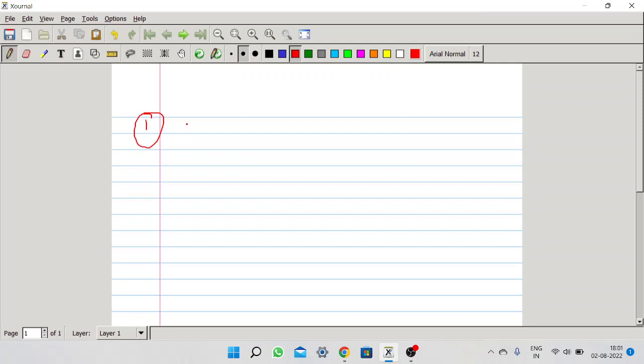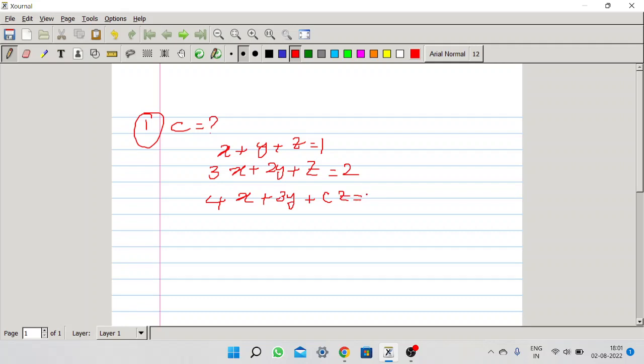It is asked to calculate the value of C. The given system of equations is x plus y plus z equal to 1, 3x plus 2y plus z equal to 2, 4x plus 3y plus cz equal to 3.